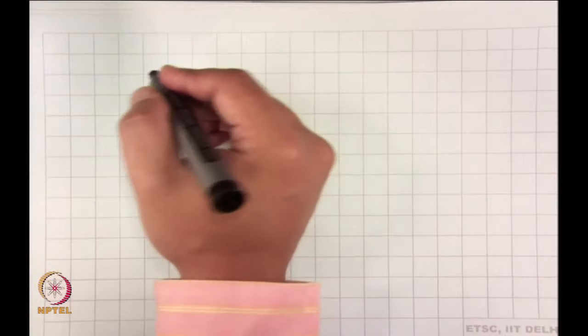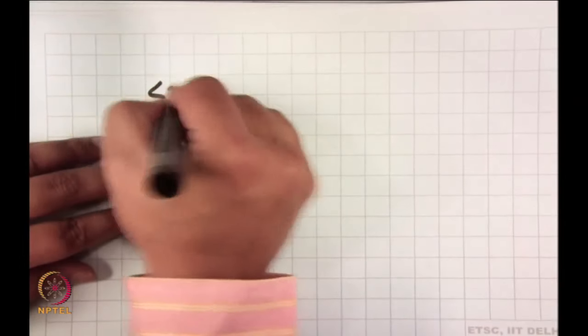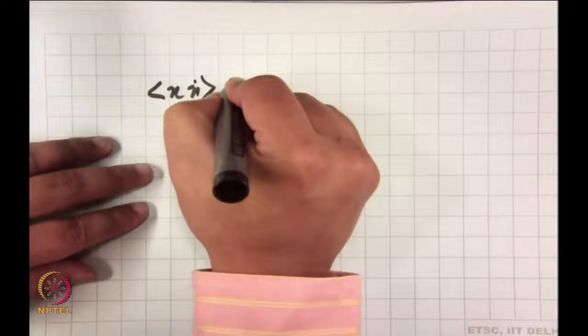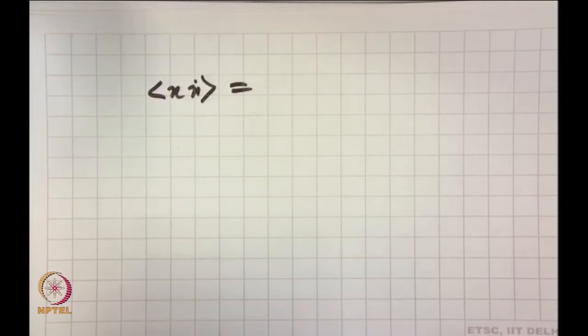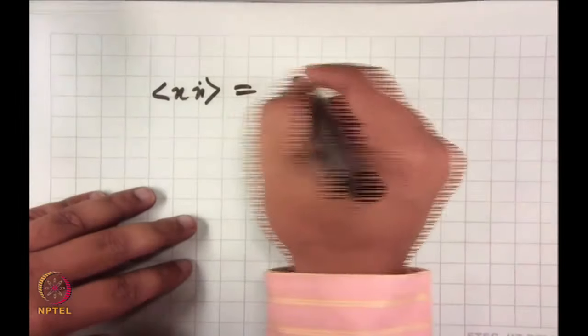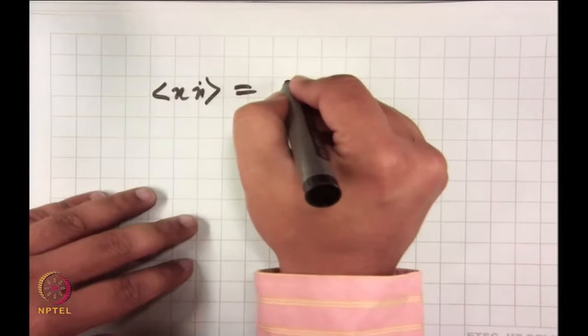Well, what was my y? Well, my y was x dot. Now, this should be equal to what? I have the first one, so one would be c, right.